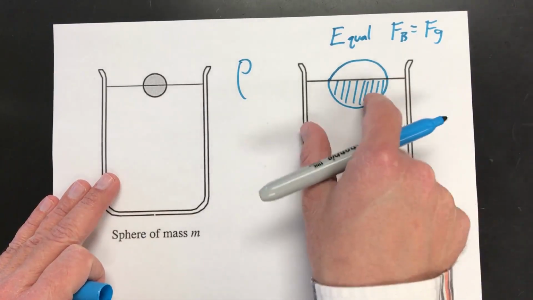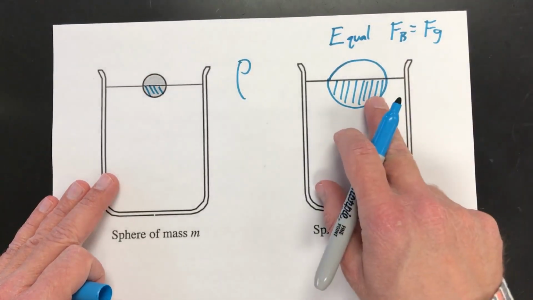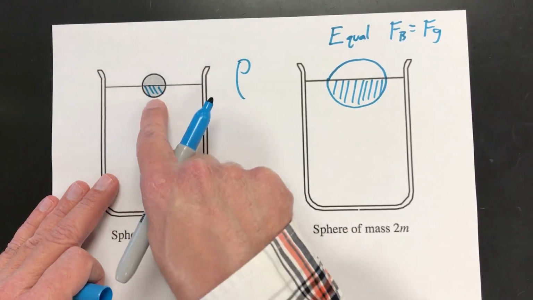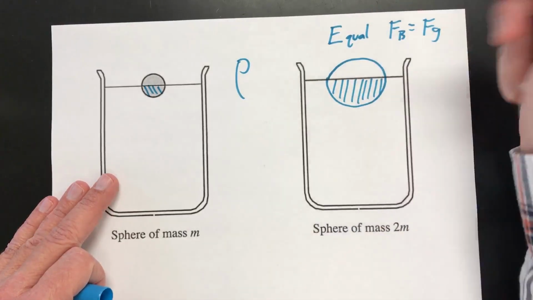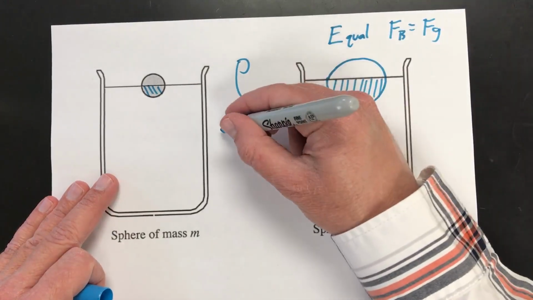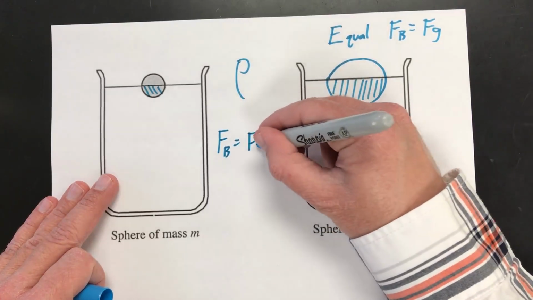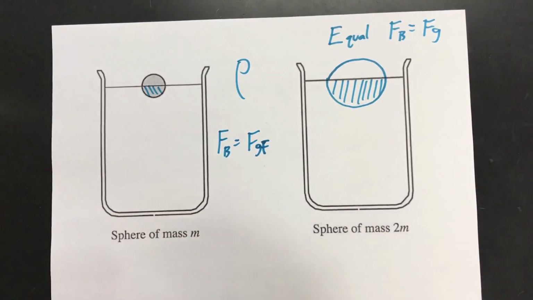Well, obviously, it's pushing out way more volume there because it has to equal its greater weight in order to float. So it says, are your answers to this one and this one consistent with Archimedes' principle? Yes, because we've been using Archimedes' principle in order to solve this. Archimedes' principle, remember, says that the buoyant force is equal to the weight of the fluid pushed out of the way there.